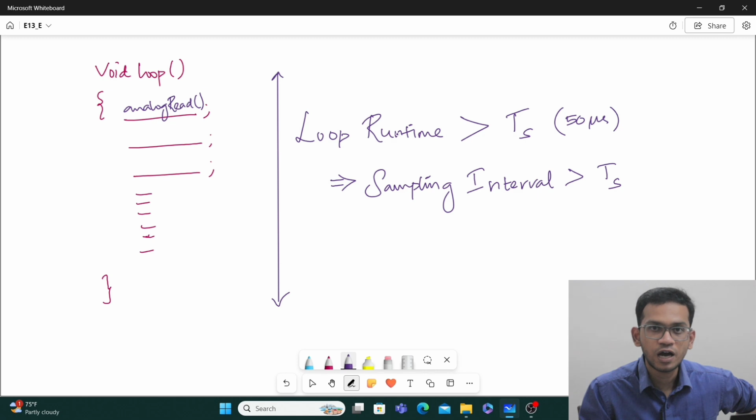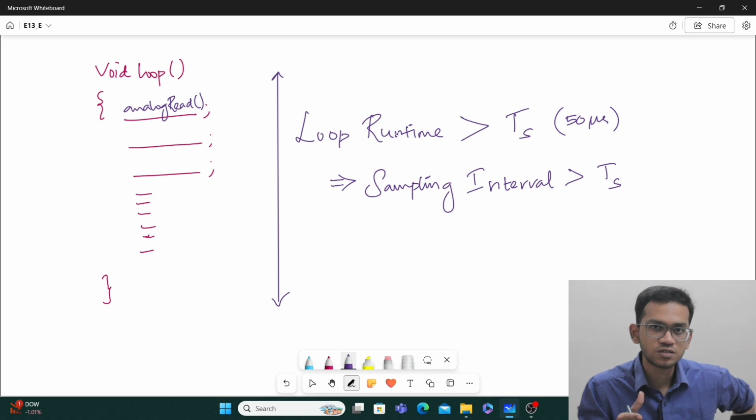The best practice is to have the sampling interval equal to the switching period. It may even be lesser than the switching period if you are taking 2 samples per switching cycle. However, here it is greater than the switching period.